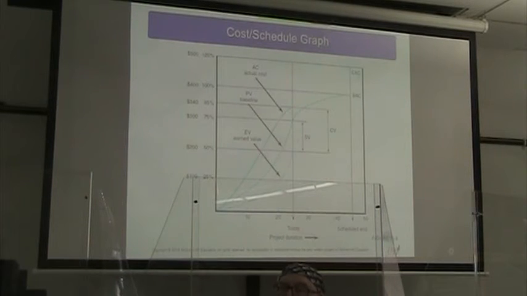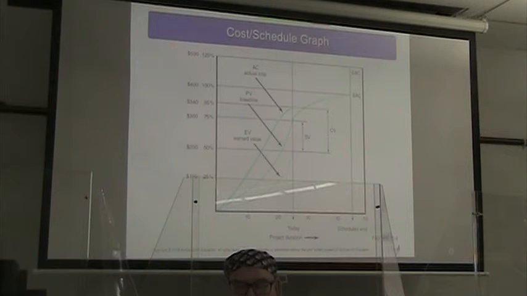Here we're seeing a cost schedule graph. So we see our dashed line here is our planned value baseline. Our solid line is our actual cost.